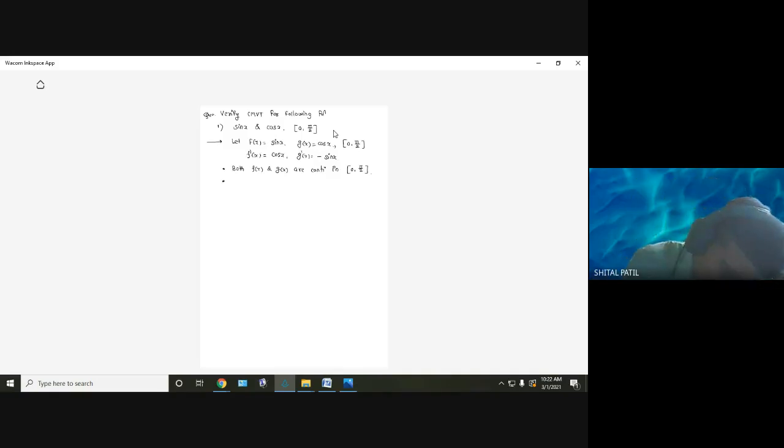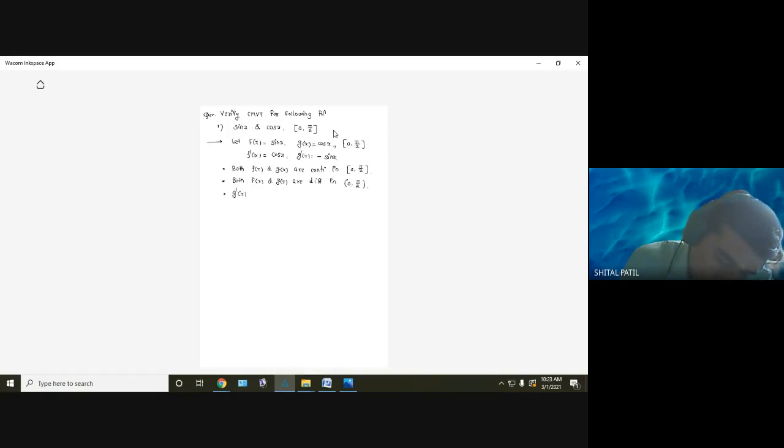Now see, f dash is cos x and g dash is minus sin x. So both f of x and g of x are differentiable in the open interval 0 to pi by 2.